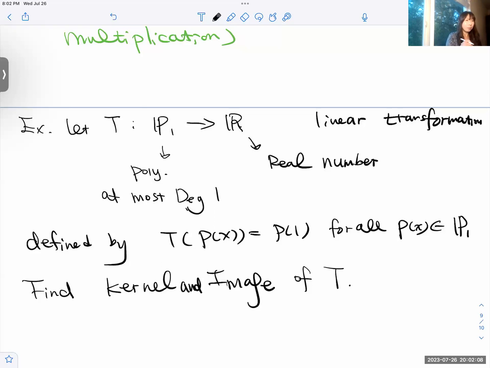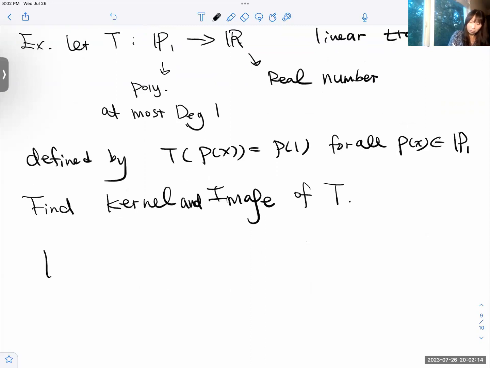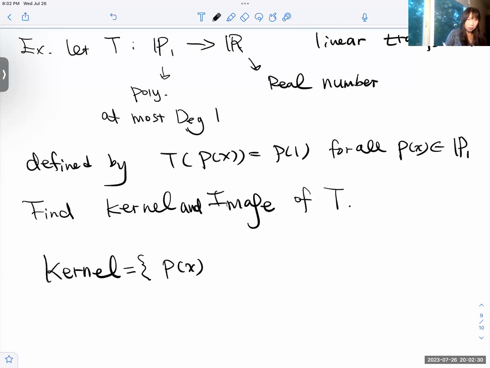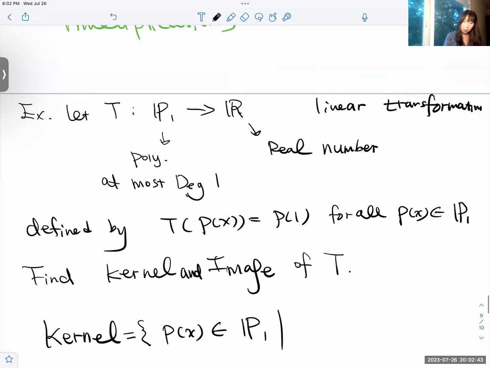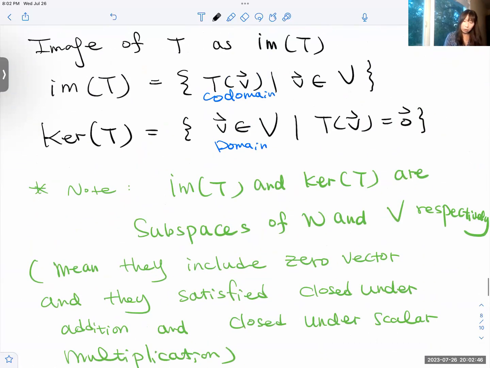Okay, so let's talk about the kernel. The kernel is in the domain, right? So the polynomials in the domain such that, what kind of polynomial do we need with the transformation? So we just follow the definition.